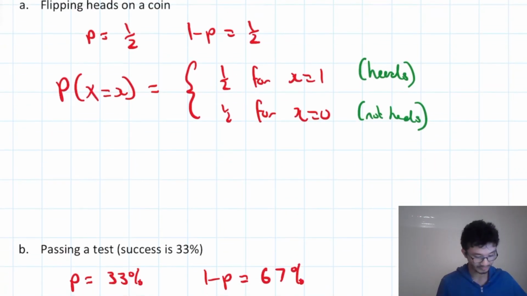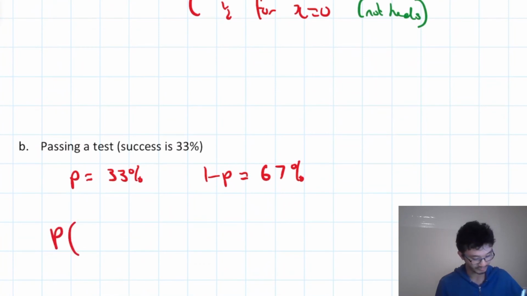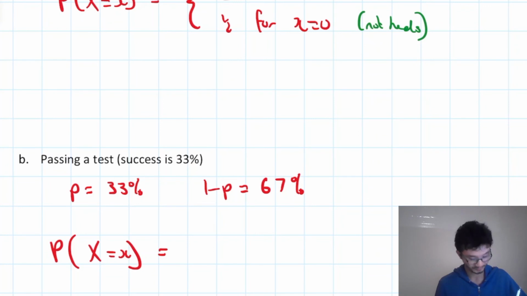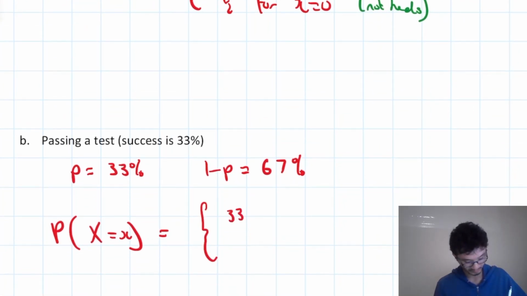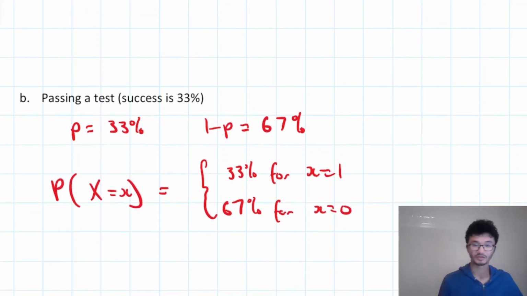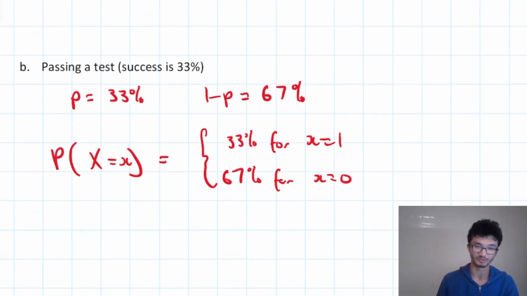And so now I can write up my distribution like so. Okay, so there's my probability distribution. So 33% for x equals 1, 67% for x equals 0.